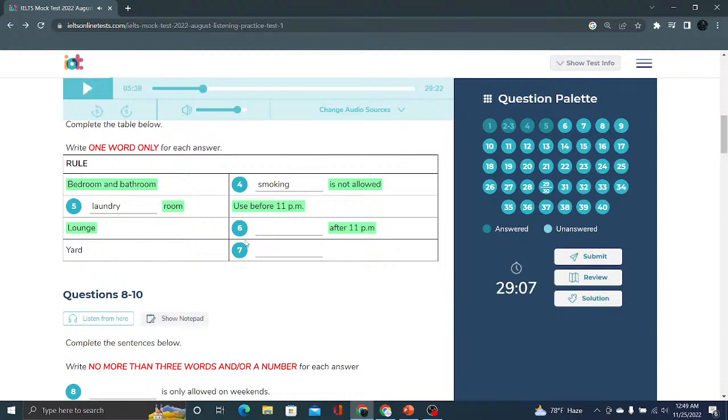Okay, did you get the answer? He was asking if the lounge has a time restriction. The lady was saying that definitely, we ask all students to keep quiet and do not make noise after 11 o'clock.